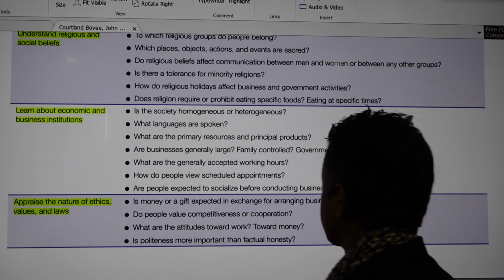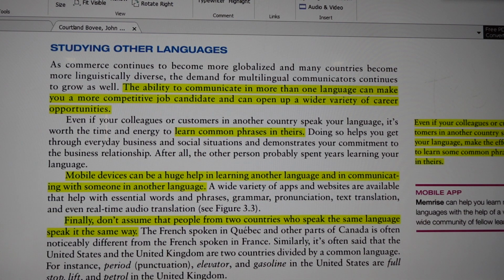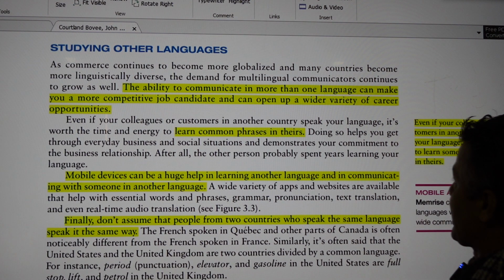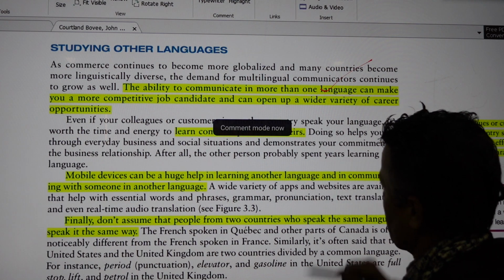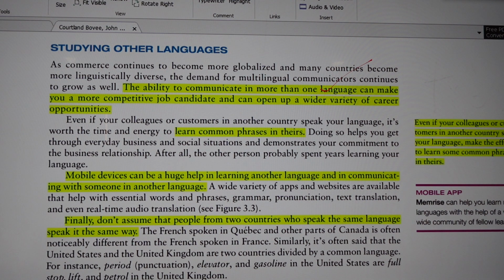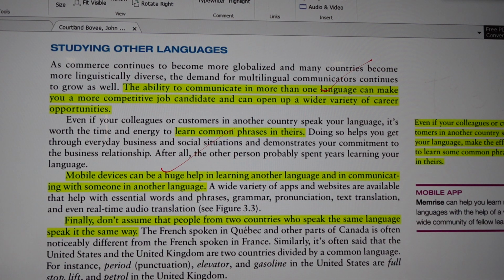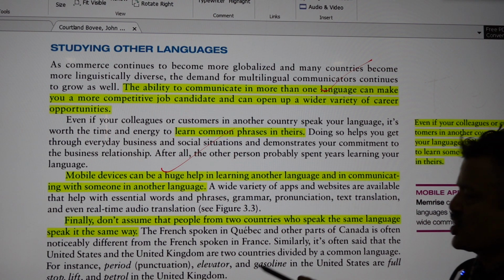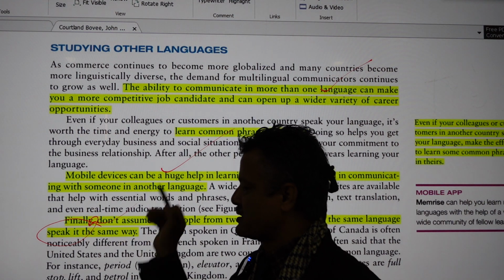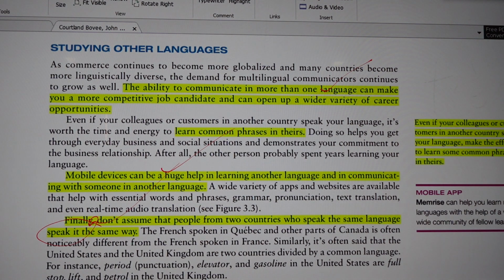Studying other language. The more languages you know, the better business you can do. Mobiles have apps to translate one language to another. Don't assume that they understand your language. Help them with translation.